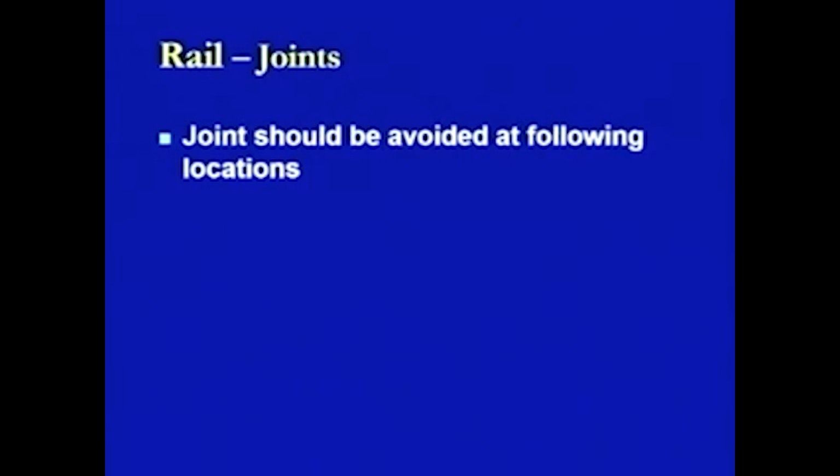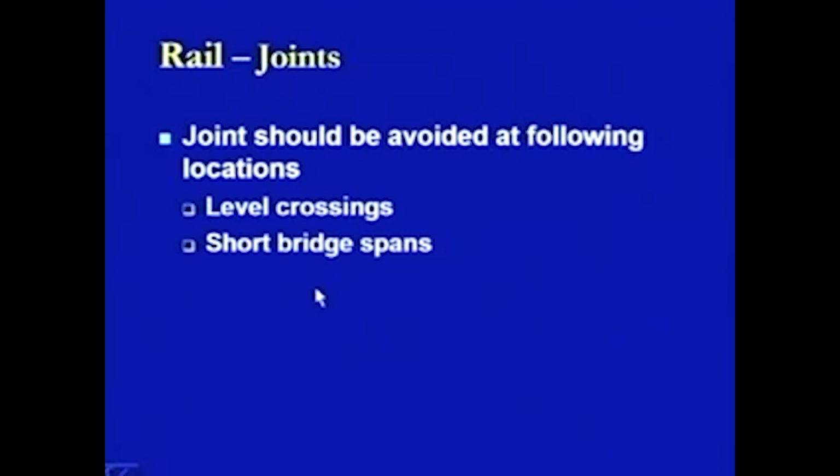Now, the joints need to be avoided at certain locations. What are those locations? The level crossings. Wherever a level crossing is provided, that is, where there is a crossing of a road and a rail section at the same level, the joints should not be provided at that position. Another one is short bridge spans: on such bridges also the joints should not be provided.